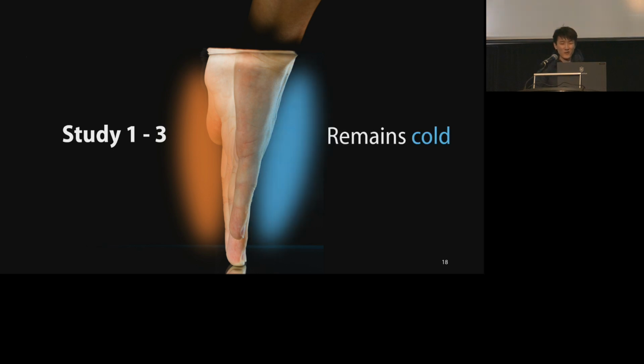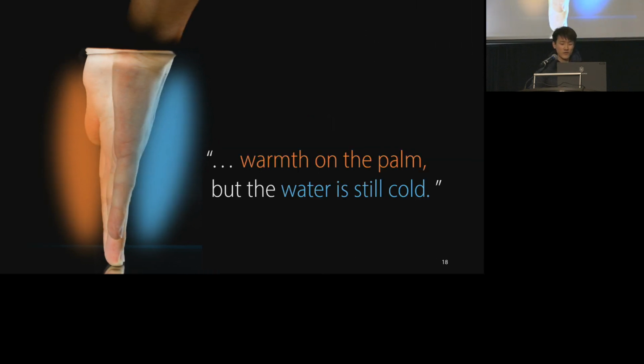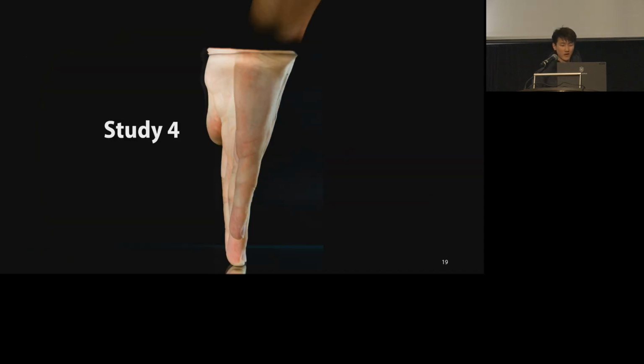But wait a second, in these studies, I only applied light on the palm, so the backside is still cold. Most of the users told me that they felt the warmth on the palm, but not on the backside, so they didn't feel like the water temperature was actually changing. They just felt warmth on the palm in the cold water. So I was like, okay, study 4.